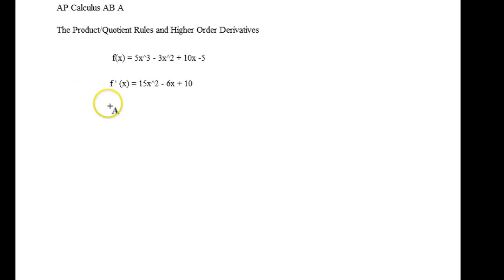Now if we wanted to do the second derivative, f double prime of x, we just do the same rule. When we're doing the second derivative, you treat the first derivative as just your normal function, and then you just take the derivative. So this becomes 30x minus 6.